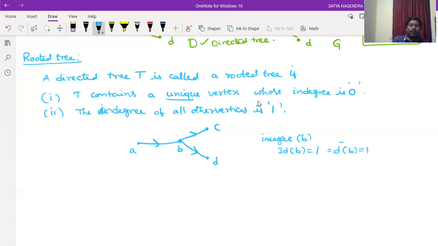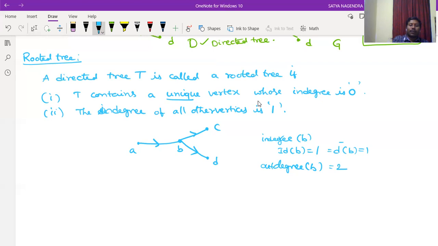Now the out degree. What is the out degree of B? For how many edges is the vertex B the initial vertex, that is, the starting vertex? Here it is the initial vertex for two edges, so this is the out degree of B. For A, what is the in degree?